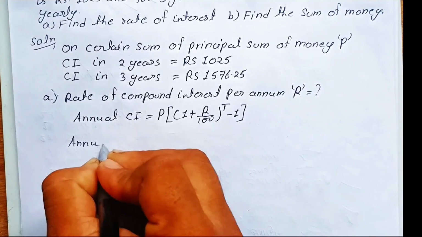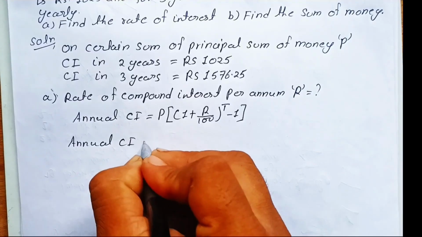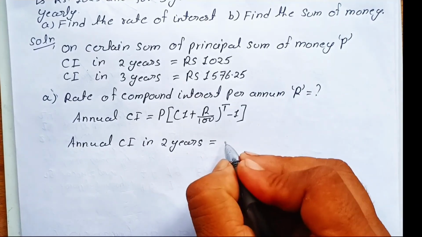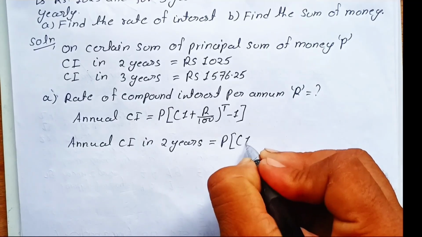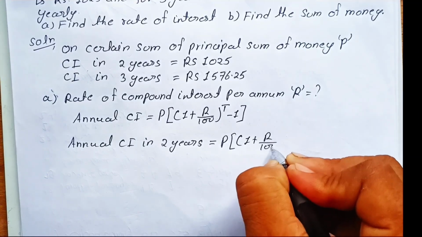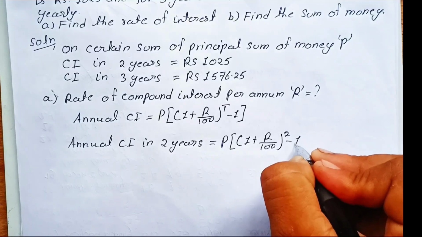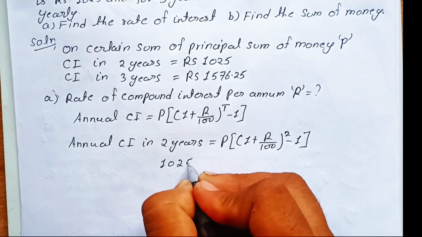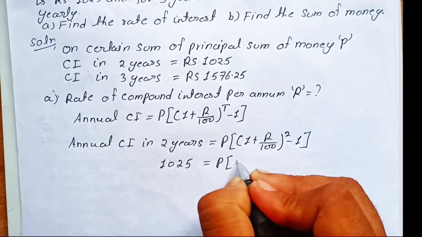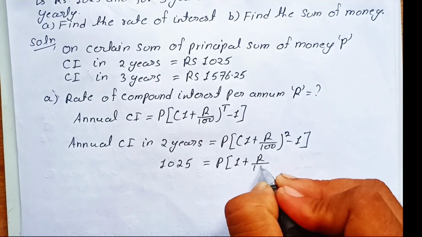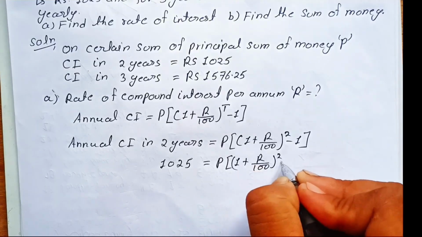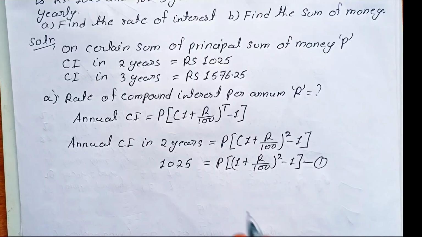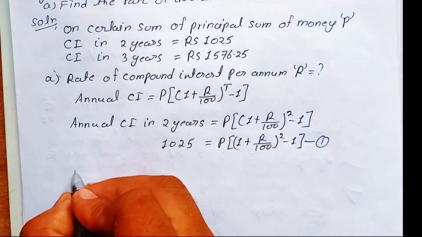So annual CI in 2 years is equal to P times (1 plus R upon 100) to the power 2 minus 1, and the value of this is 1025. This becomes equation 1.